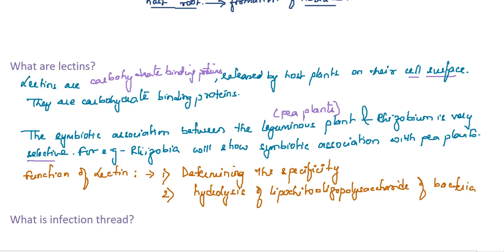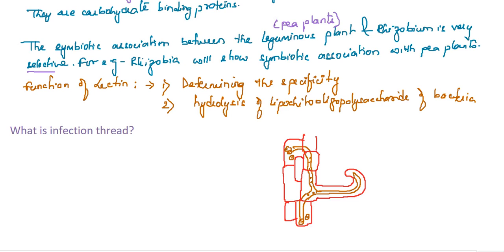So what is an infection thread? These infection threads are internal tubular extensions. As you can see here, the brown colored part, these are the threads inside which the bacteria are present. These threads will branch and reach different host cells.